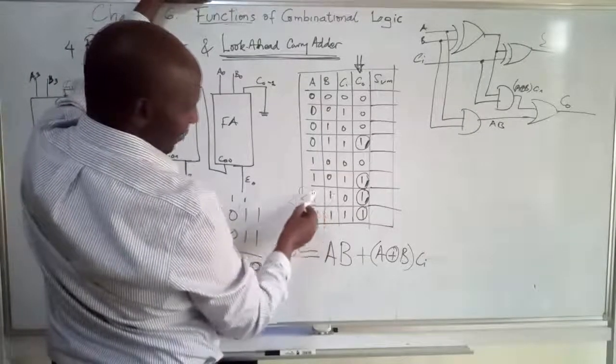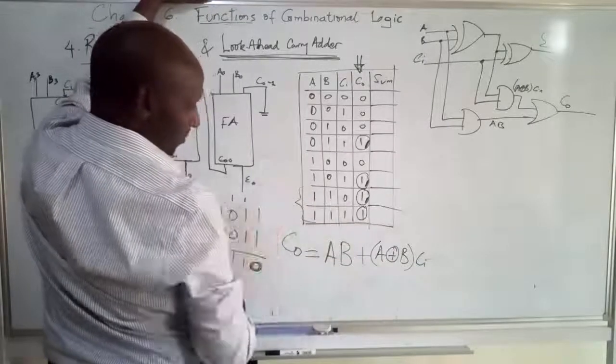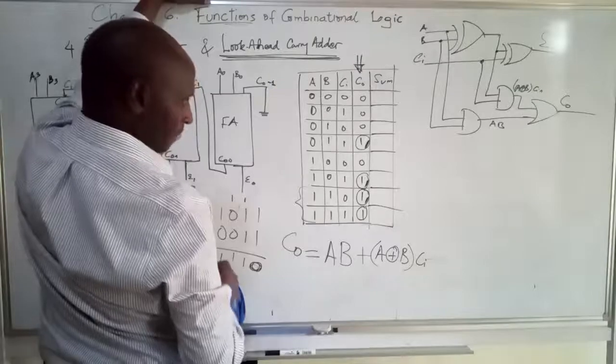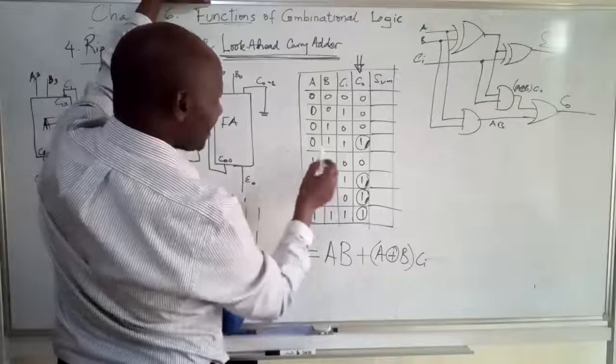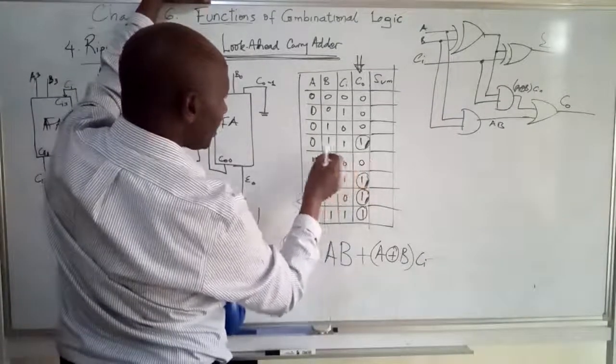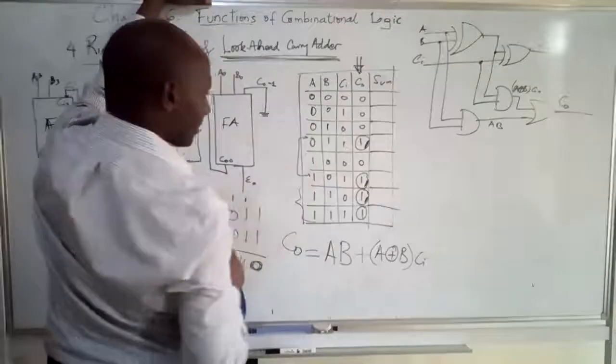When A and B are 1s, the C out is 1. Consider again this case, this one and this one.